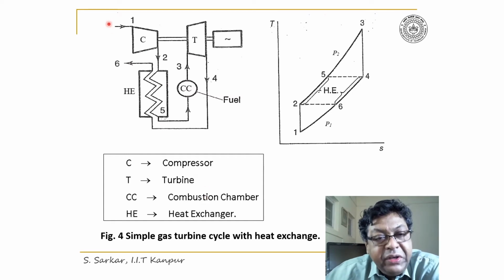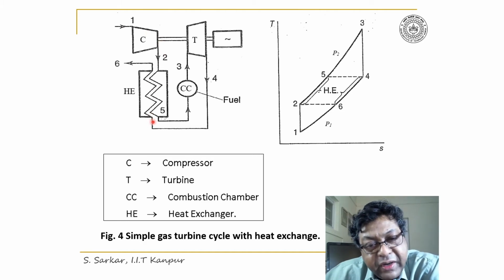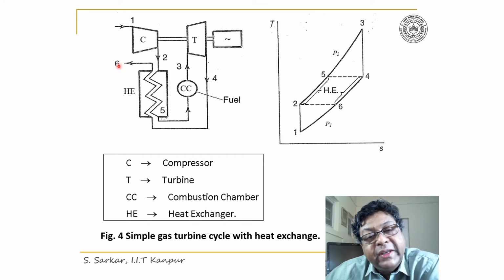Thus, air is initially compressed and then passes through the heat exchanger. Then the combustion occurs in the combustion chamber and the gas is pushed to the turbine. It is expanded, and then the exhaust passes through the heat exchanger.